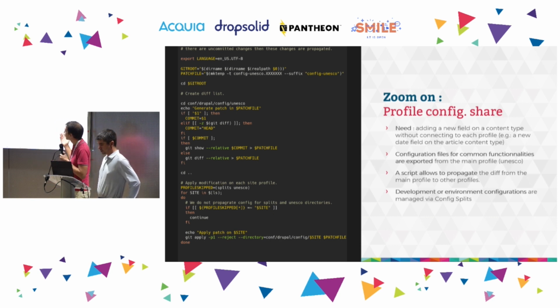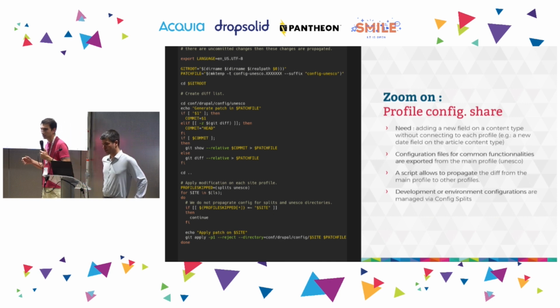This part is for a small problematic, but when you have multiple profiles that share common features, you don't want to connect to each website to do the configuration, to export it, and after to apply it. So we have UNESCO.org that contains the majority of functionalities.